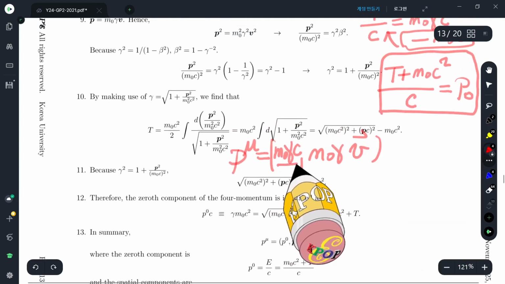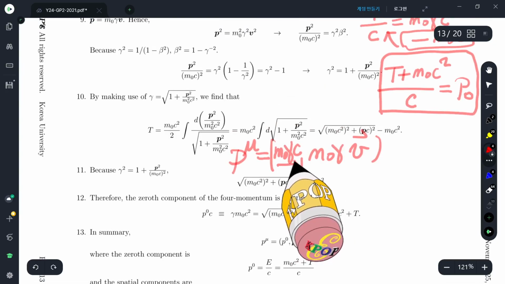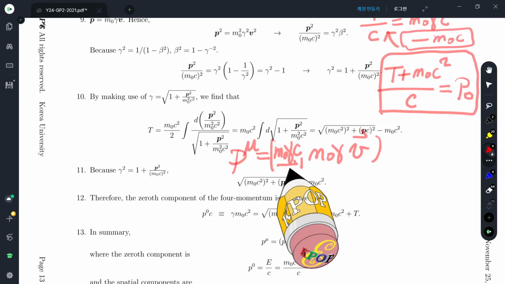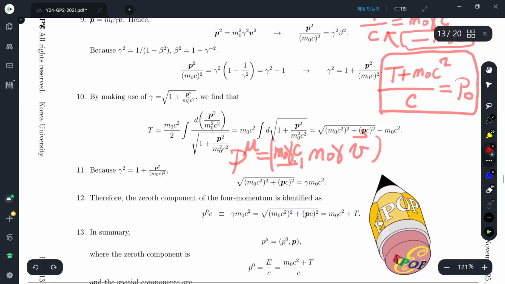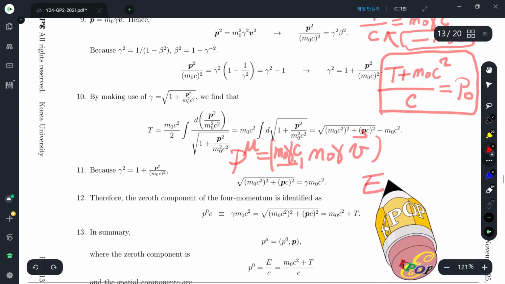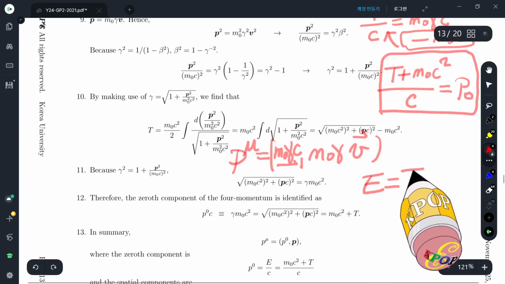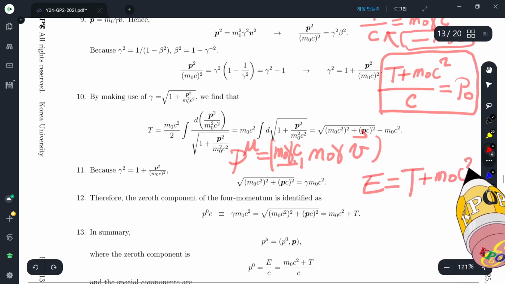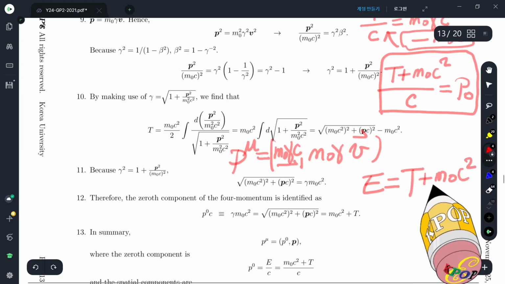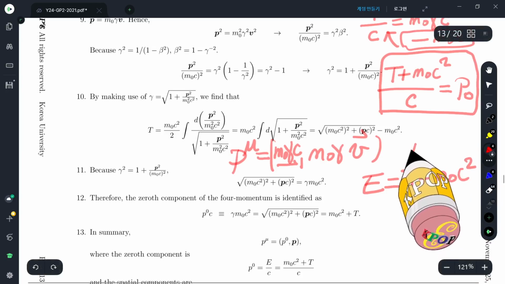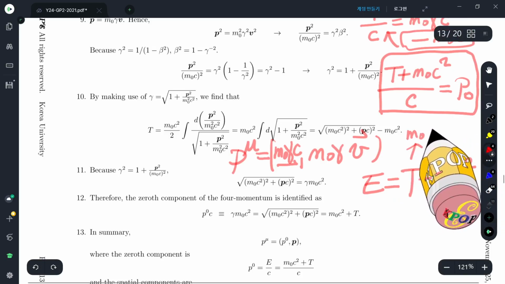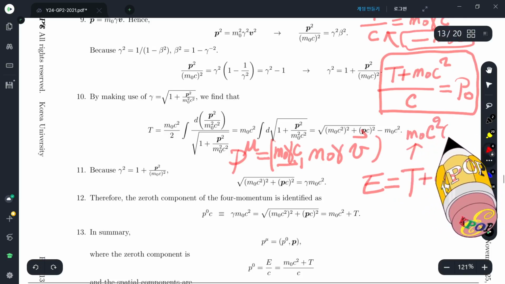But this time component seems to be energy divided by the speed of light, and that energy is identical to m0c squared plus kinetic energy, and that's what we have just computed. Kinetic energy is m0c squared (gamma minus 1).